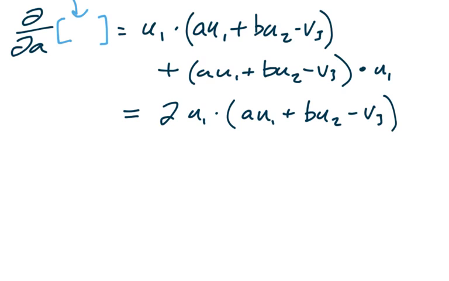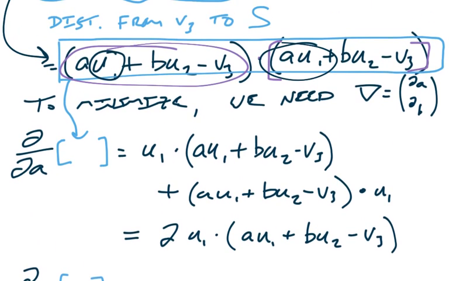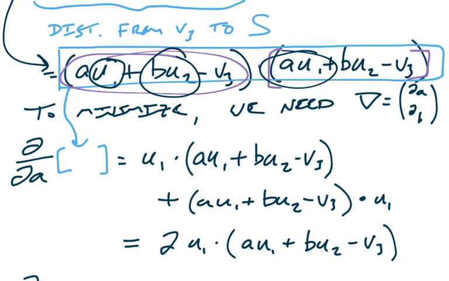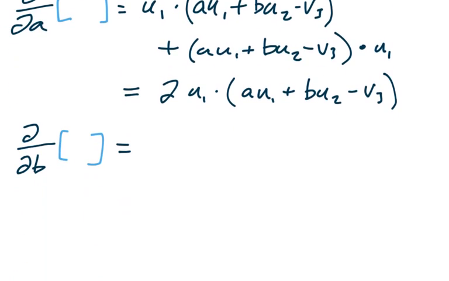And the derivative with respect to B of that same thing, well, this is just going to be the exact same thing, except when we take our derivatives with respect to B, we're going to be isolating the U2 terms instead of the U1 terms. So we're going to get something very similar, and I'll leave this for you to double check as an exercise.